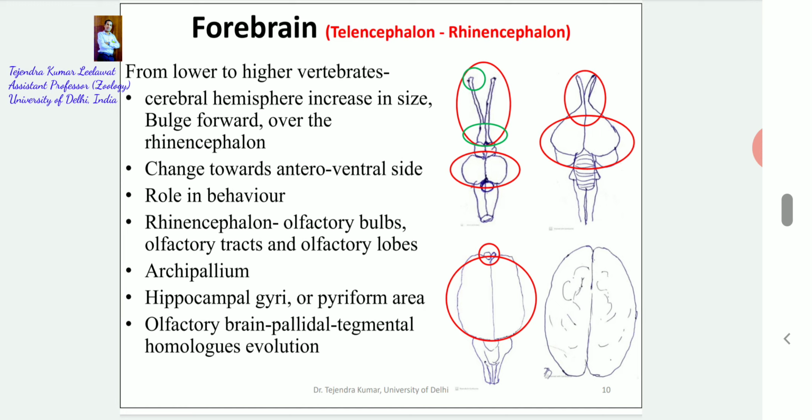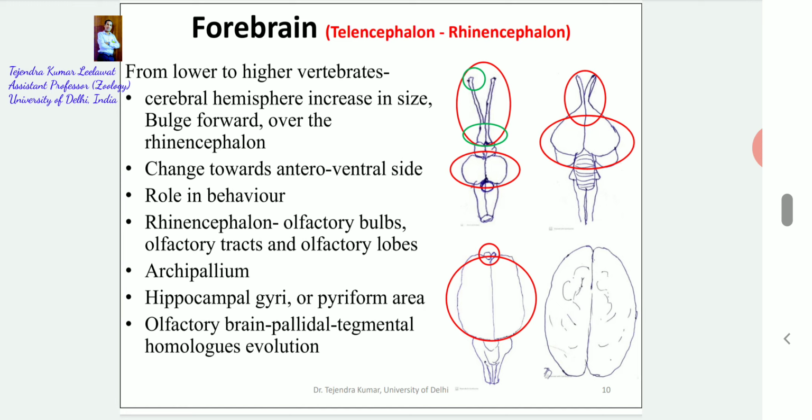Okay, next, hippocampal gyri and piriform area. Hippocampal gyri and piriform area are found in the higher animals. And what are these? You can see in the lower right picture.